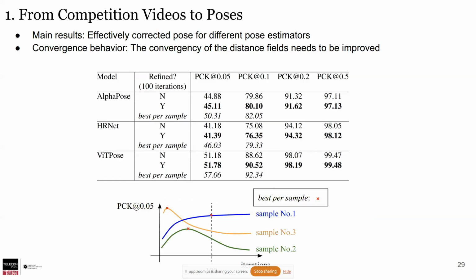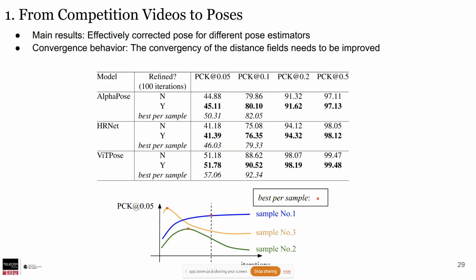Actually, during the iterations of the correction, the distance of the poses or the accuracy of the poses can change differently. We see the example below. For sample 1, along the iterations, the accuracy increases steadily, but for sample 2 and sample 3, it may be corrected at certain iterations, and after that, it gets further and further from the manifold, and the accuracy drops.